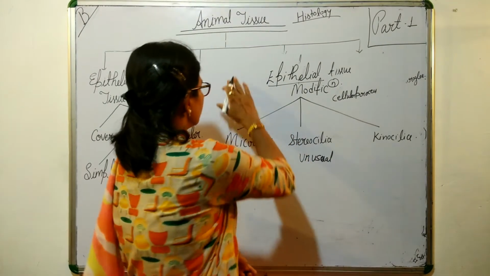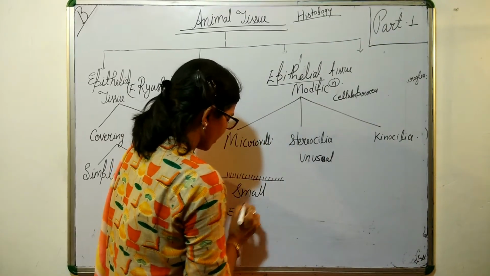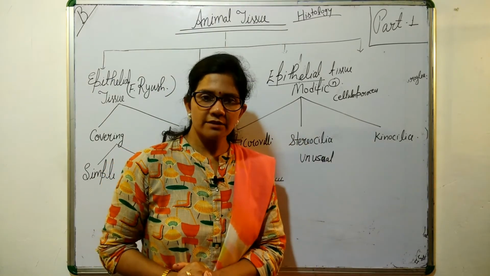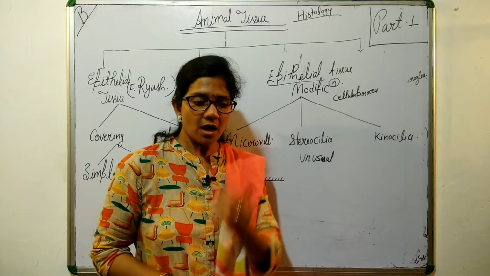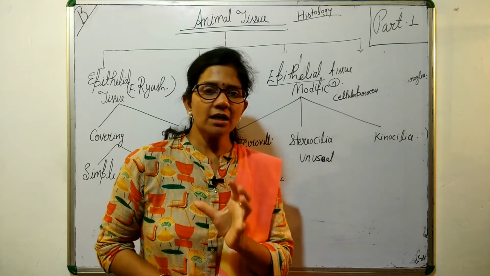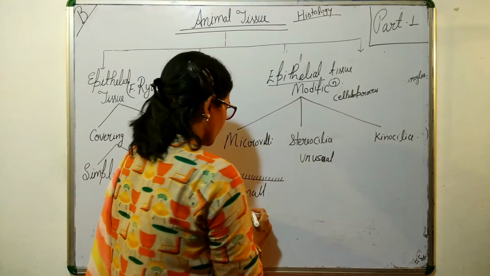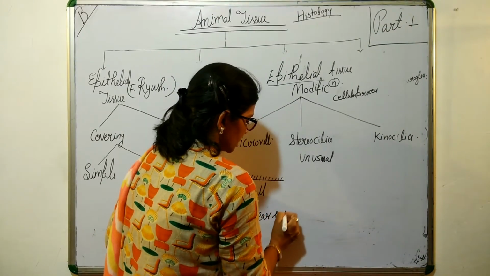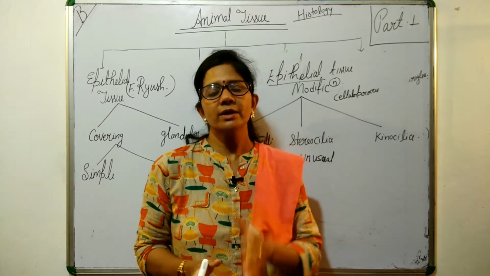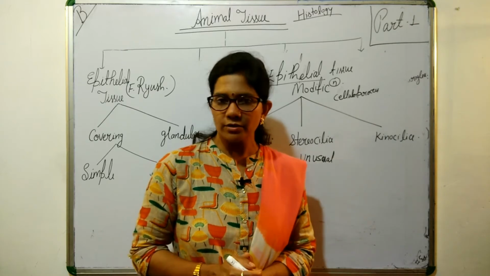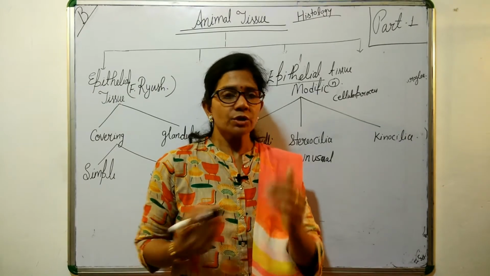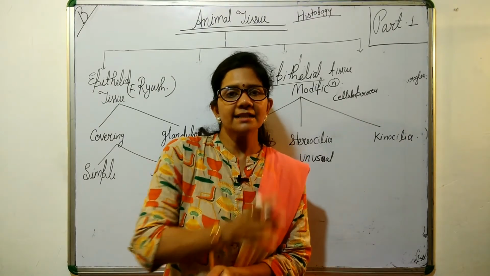Now the fifth important point about the epithelial cells: they are either facing the external environment or exposed to the internal environment. They continuously have to face wear and tear. They are meant especially for protecting the other parts. So they get replaced very frequently by another epithelial cell.